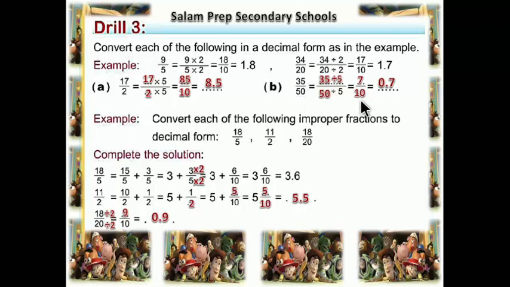Now write the proper fraction in decimal form. Look, there is no whole number, so we will put 0. 7 over 10 means I will write 7 in the tenths place. So the answer is 0.7 or 7 tenths.